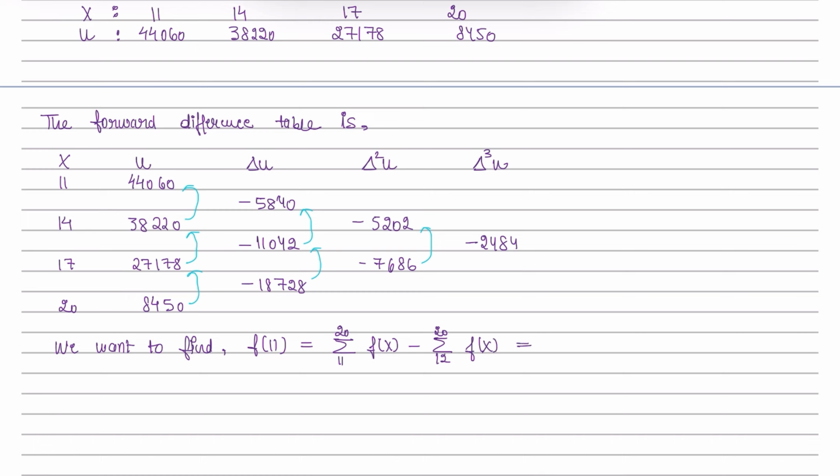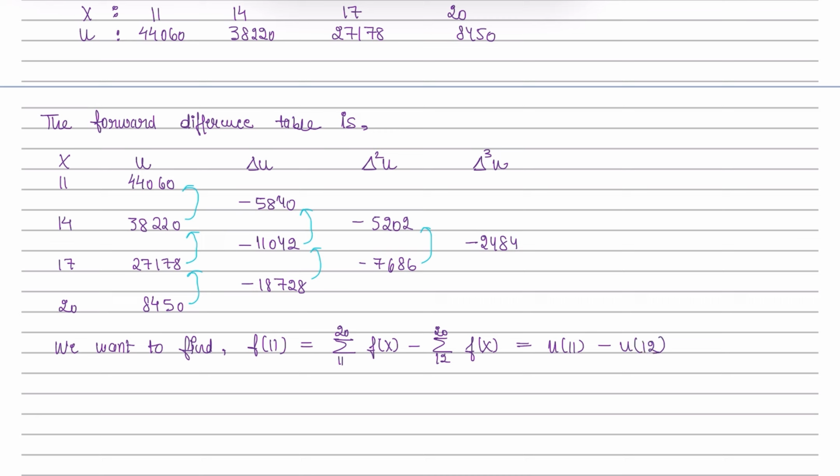In this way we will be left only with f of 11, and the value of summation running from 11 to 20 f of x is u of 11, and the value of summation running from 12 to 20 f of x is u of 12.